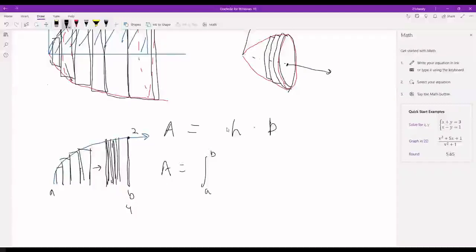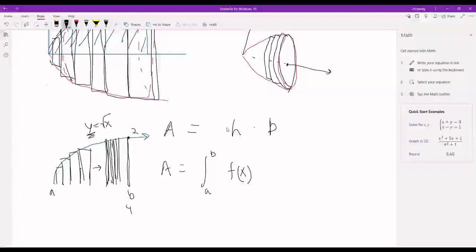The height of this is 2, and that's found by the y value, which is the height of these rectangles, or these sort of strings if they're thin enough. So that's the function, a equals f of x. And this is just assuming we're finding the area enclosed by the function and the x-axis.